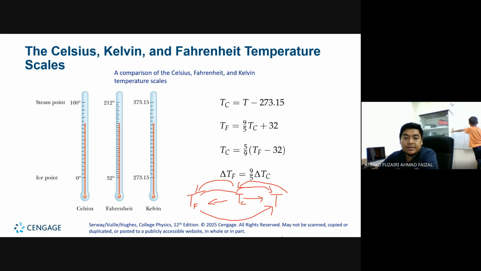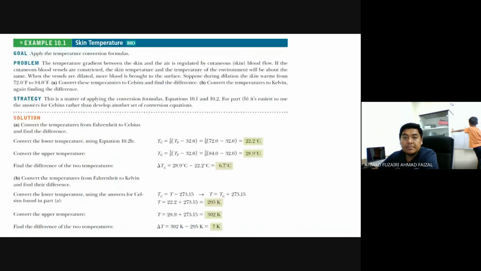Now let's go to the next slide, the examples of it. The temperature gradient between the skin and the air is regulated by cutaneous blood flow. So convert these temperatures from 72 degrees Fahrenheit to 84.